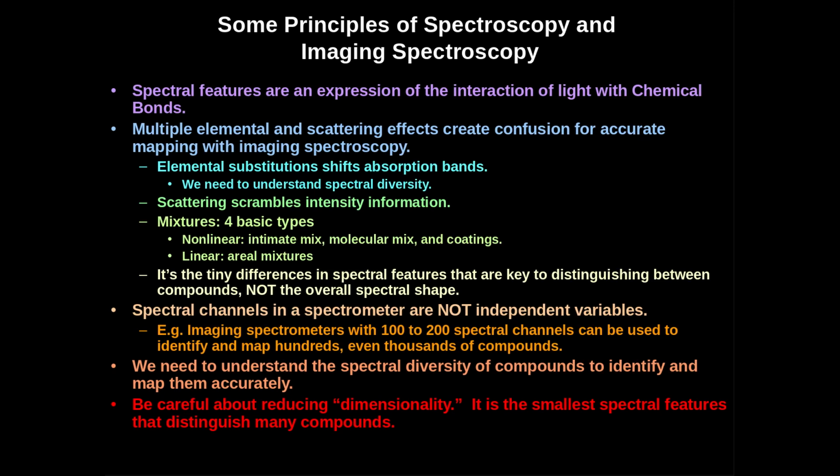As grain size changes, the scattering changes within a particulate surface, creating different spectral signatures. Elemental substitutions shift absorption bands. There are different kinds of mixtures, linear mixtures where you have patches of two different compounds separated on the ground, like in a checkerboard pattern, with light and dark squares.